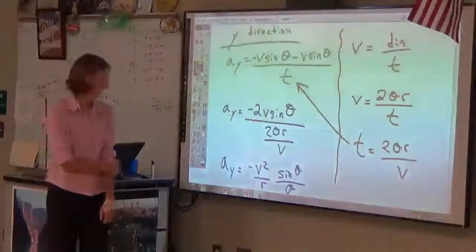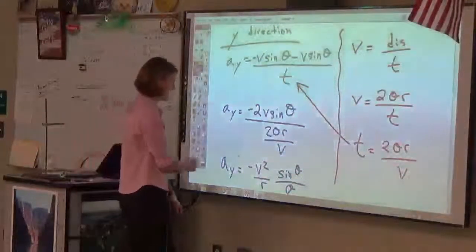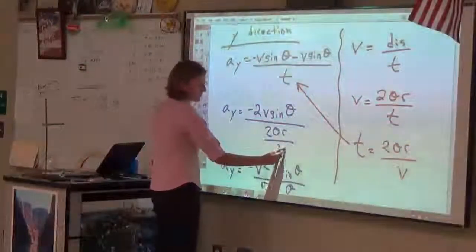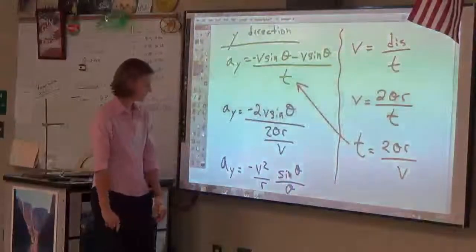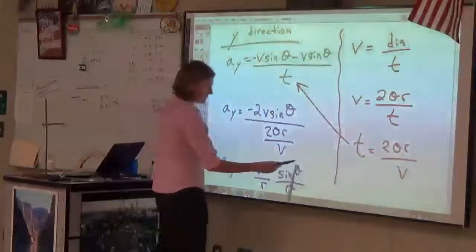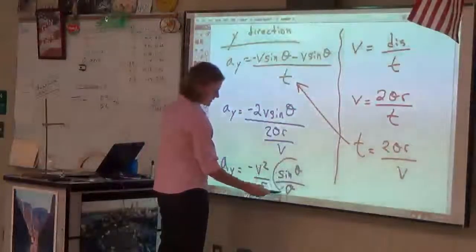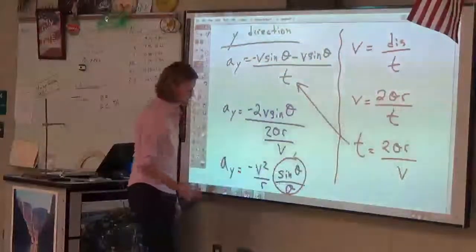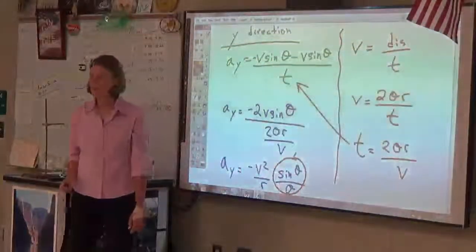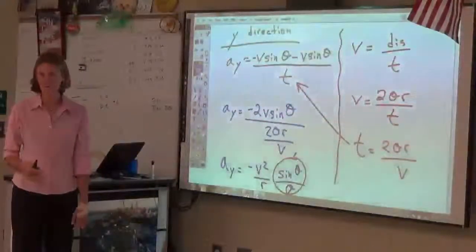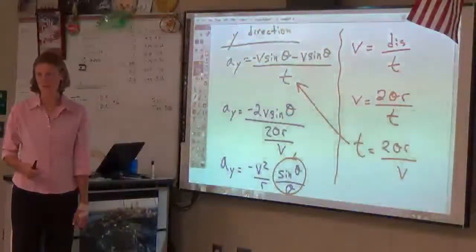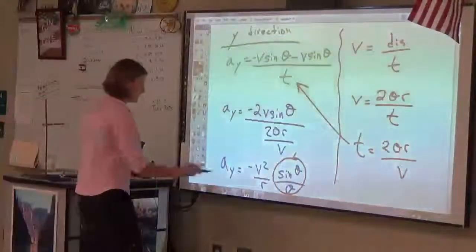Why did you come up with square? Yeah, that one gets kind of pulled all the way up there. And you do end up with that sine of theta over theta. And what, according to the slide before, does that equal for a small angle? 1.